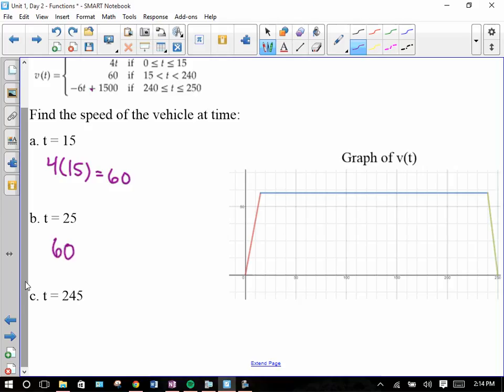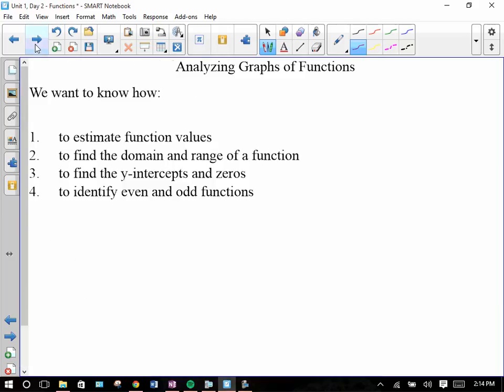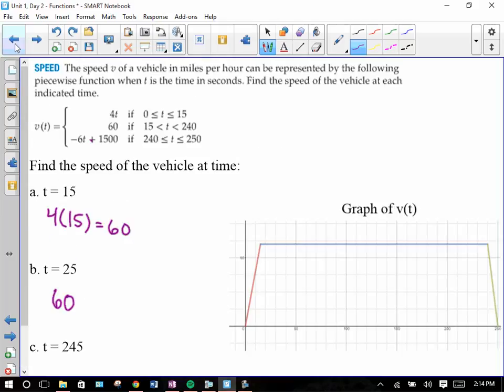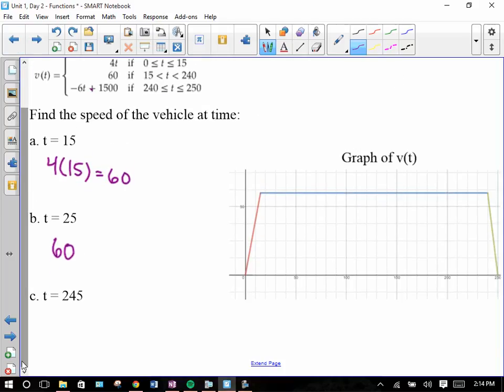If it's 200, it's 60. If it's 97, it's 60. Now, t equals 245. Which equation are we using? Last one.